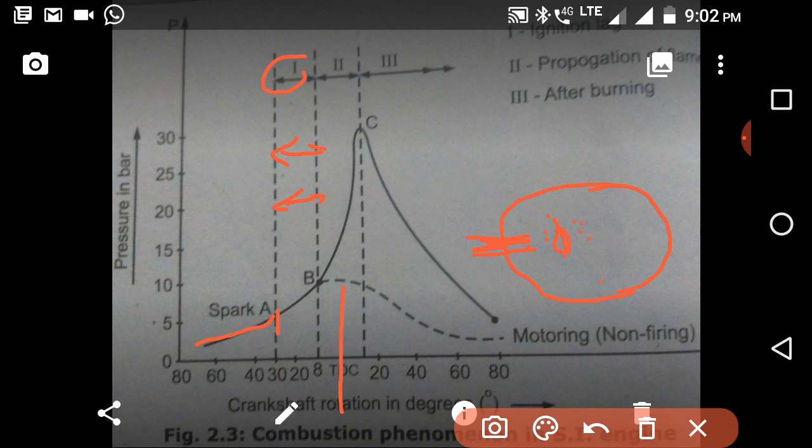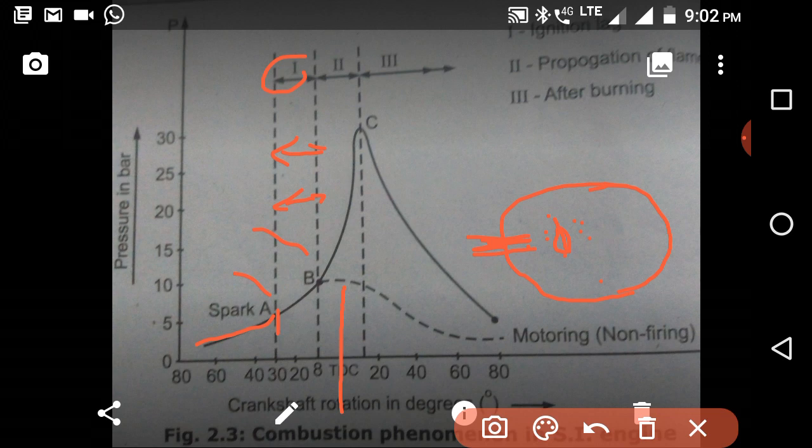So this is the preparation phase, and this is the first phase of combustion in the SI engine. This will occur from point A to point B, and this point B is exactly 8 degrees before the top dead center.